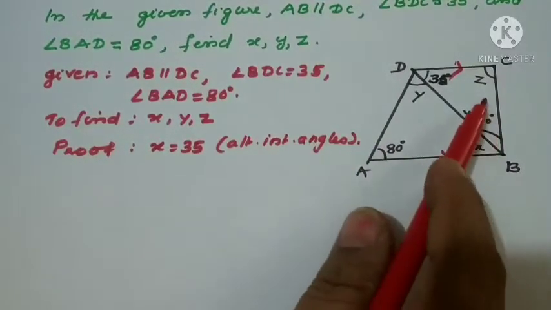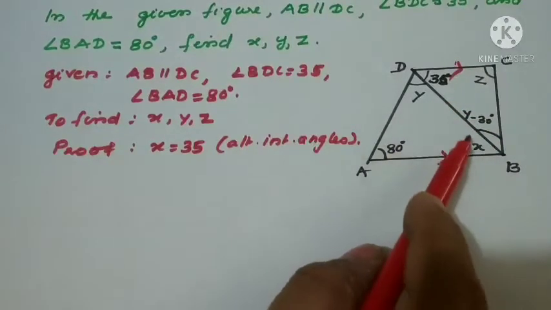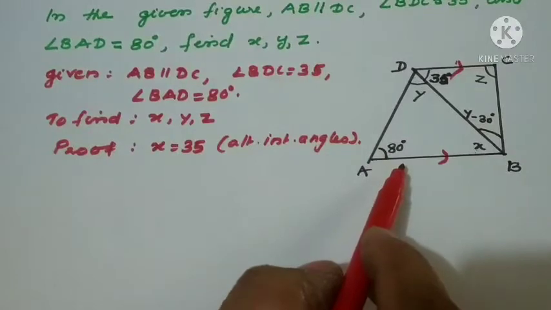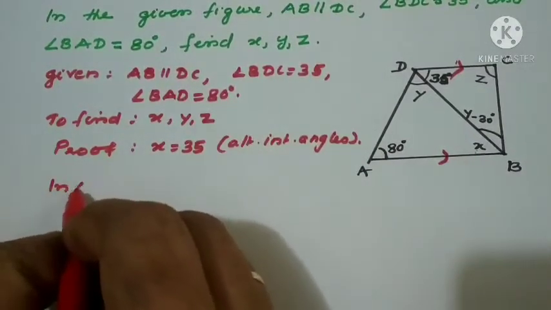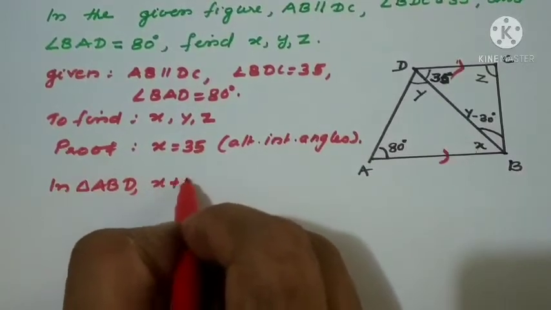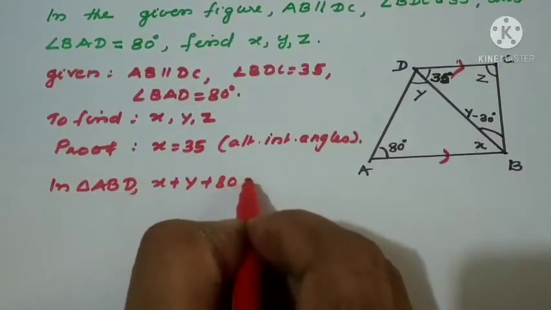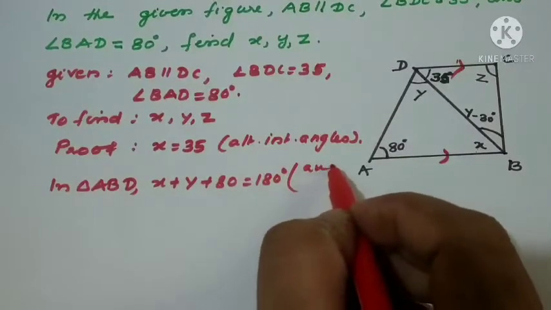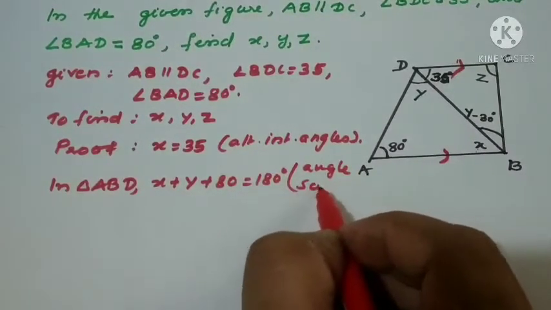Next, if X equals 35, then in triangle ABD, X plus Y plus 80 equals 180 degrees, angle sum property.